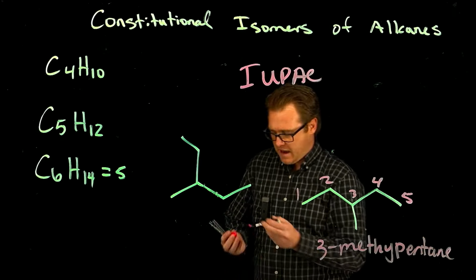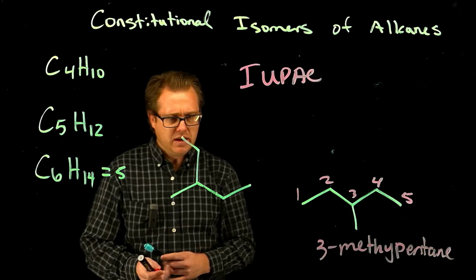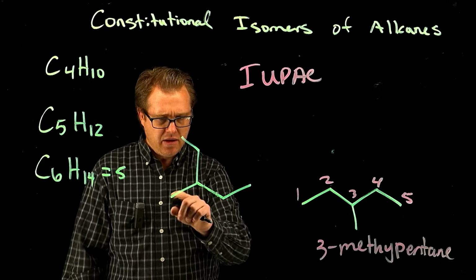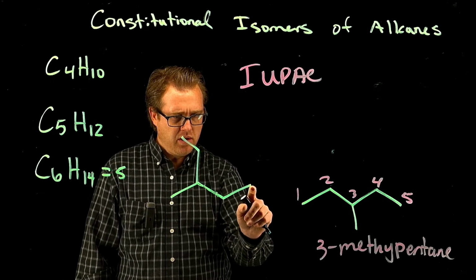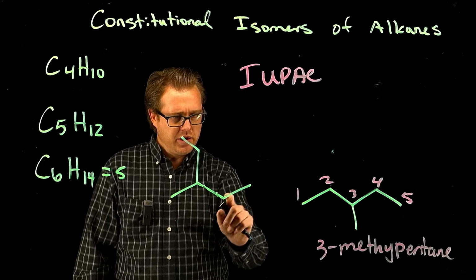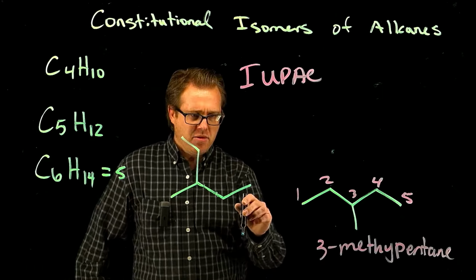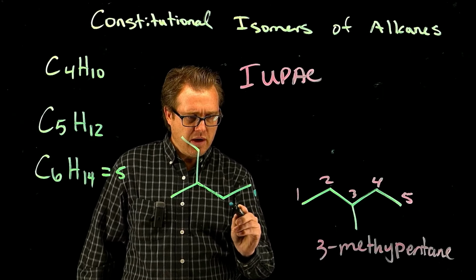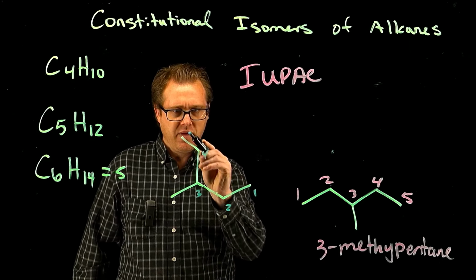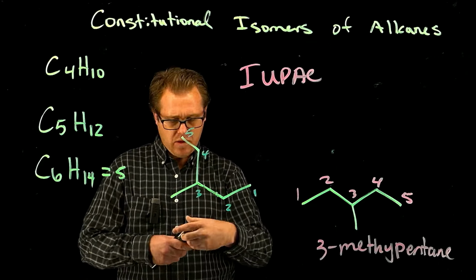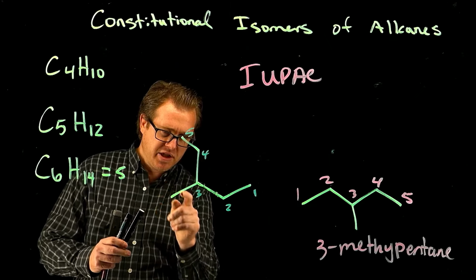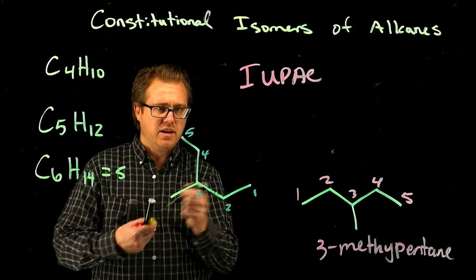Okay. Now we come over here and find the longest carbon chain. 1, 2, 3, 4. That's not long. 1, 2, 3, 4, 5. Okay. So how do I number this? Do I number it from this direction? 1, 2, 3, 4, 5? No, because we want to give our substituent right here the lowest locant number.